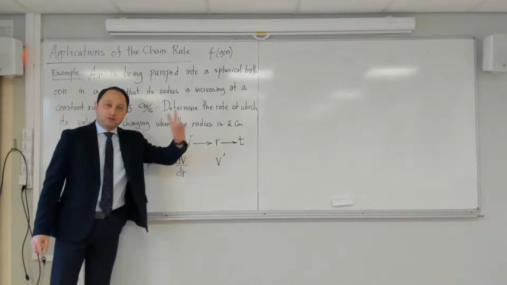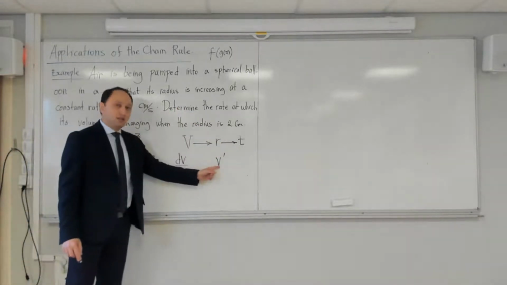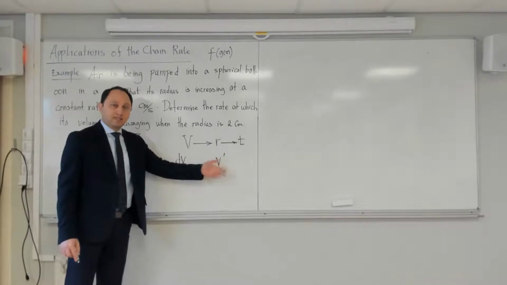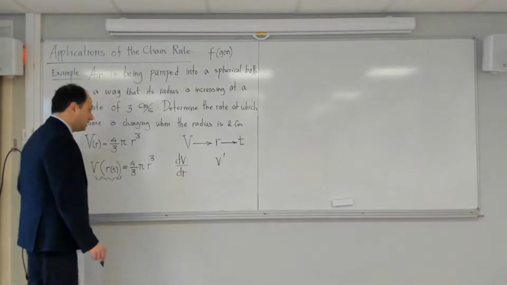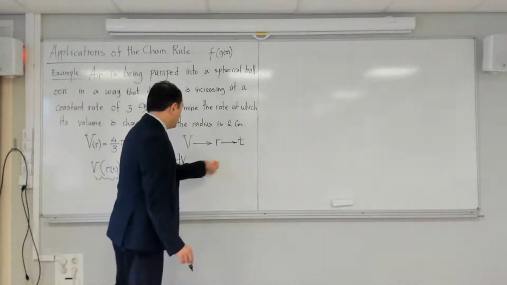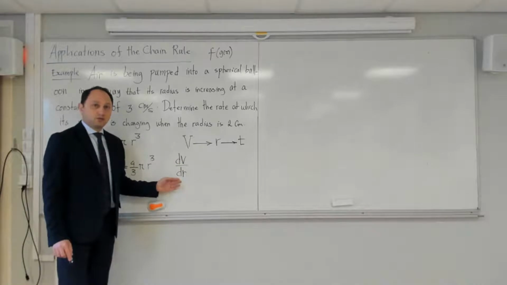Because I have two variables involved in this problem. This is why this notation is no longer useful. It's ambiguous. I will prefer the Leibniz notation. So can I talk about this quantity? Is it sensible to talk about this quantity? Yes or no?